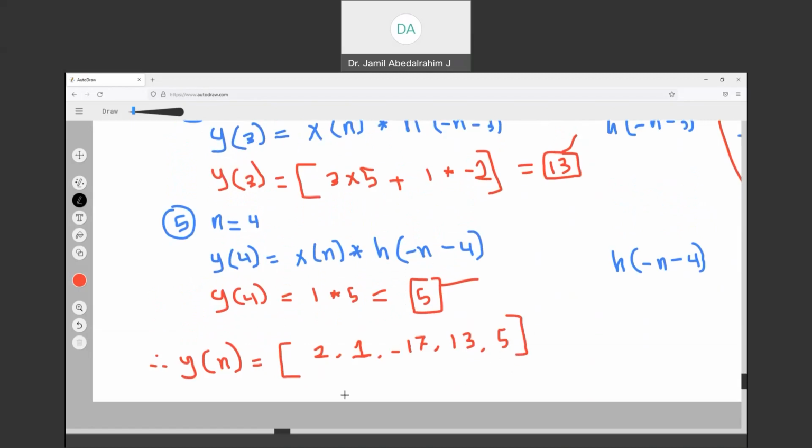And don't forget to put the arrow under 2. This will be our first or starting point.